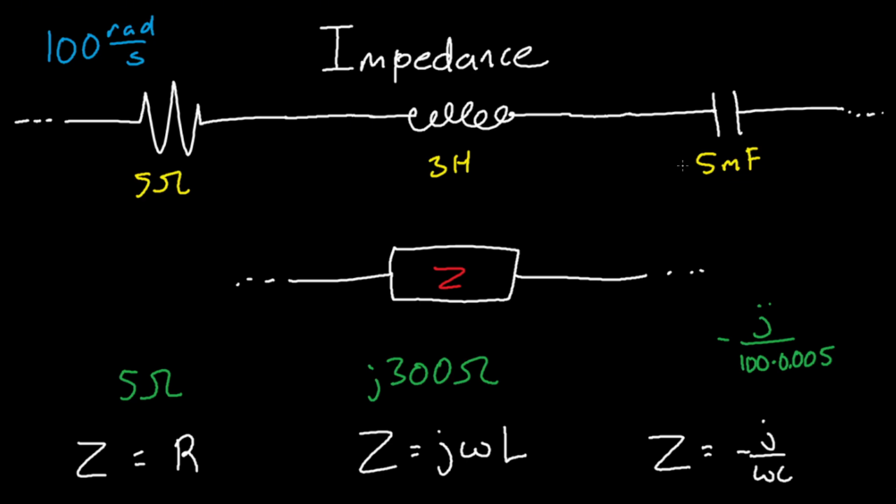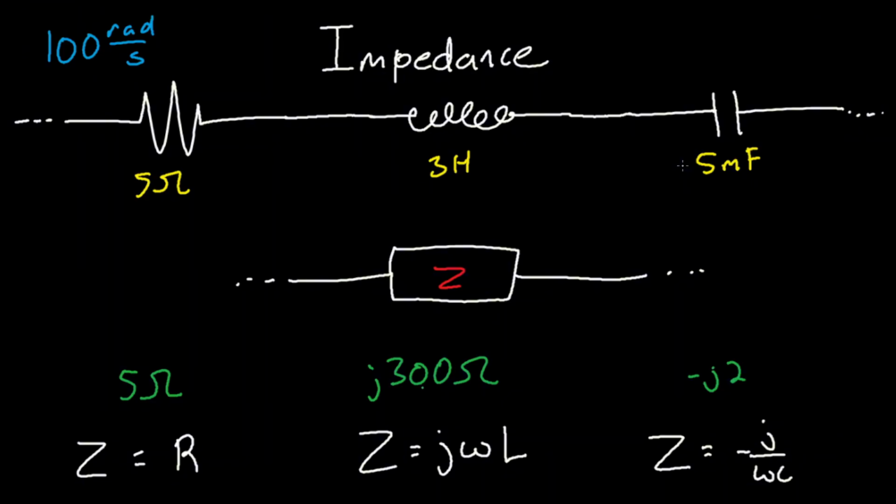Well, if you simplify this, you simply get negative J over 0.5, which is equal to negative 2J. Okay. So this right here has an impedance of negative J2.